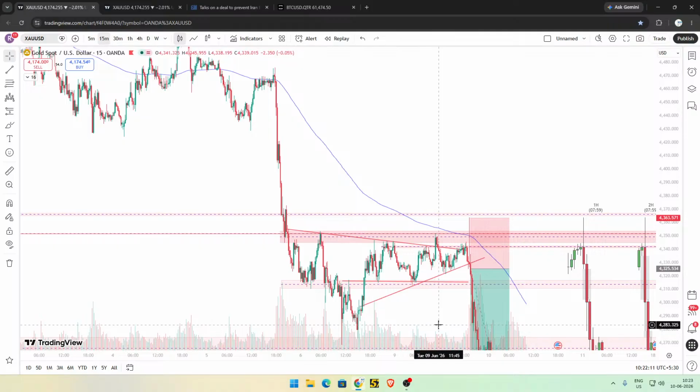The session is not that important, but you can see it gave a breakout, it didn't sustain, and that is also okay. But the most important thing is it fell down, it formed a reversal pattern, it gave a reversal.